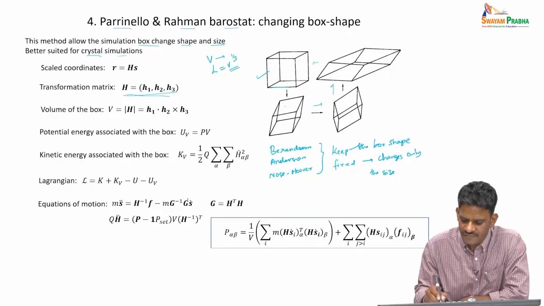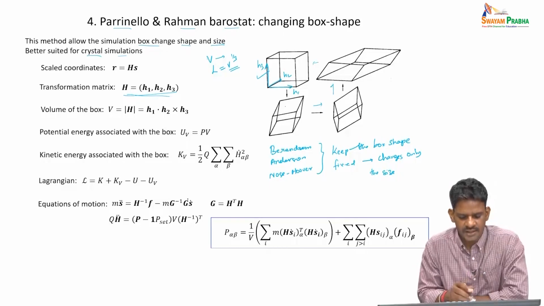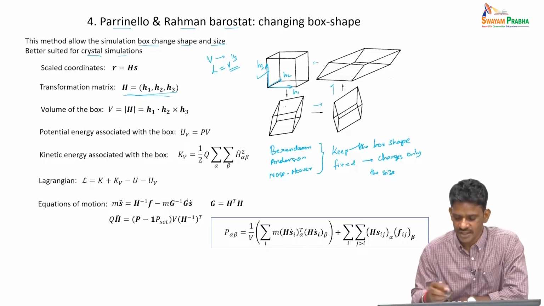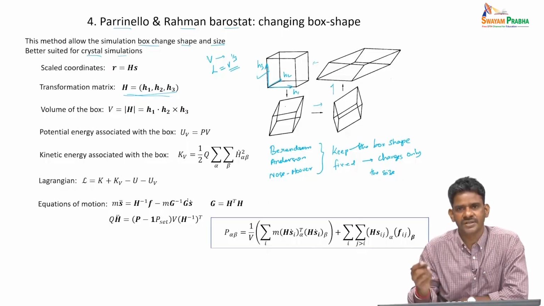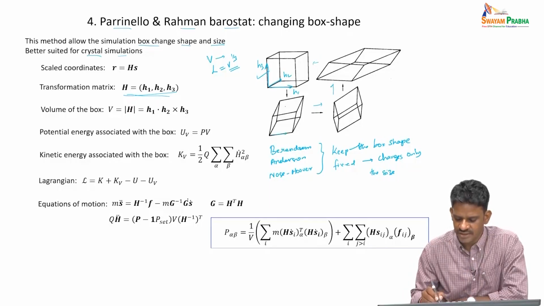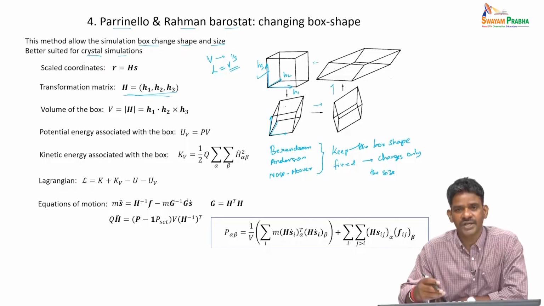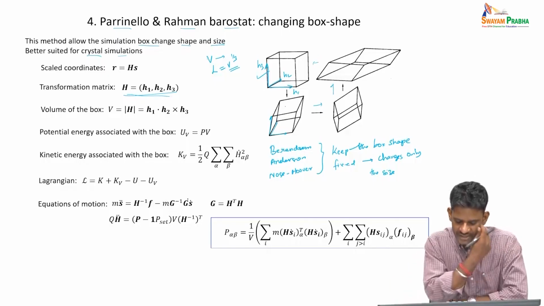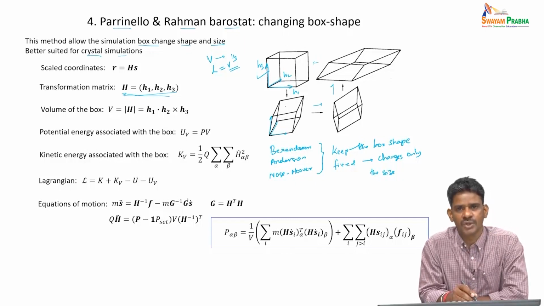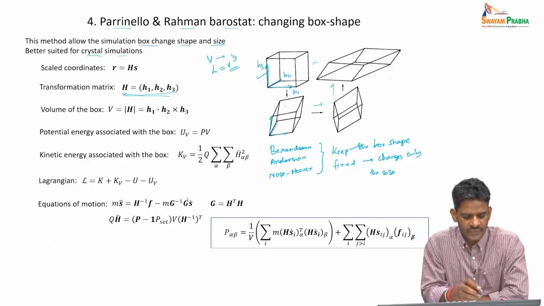So for example, we can have 3 independent axes, h1, h2 and h3, and these will now become variables. Each one of them can independently change, and these are the vectors of the unit cell. When they change, the box shape could also change depending upon how h1, h2, h3 change. So then we define a matrix H which comprises all these unit cell vectors h1, h2, h3.